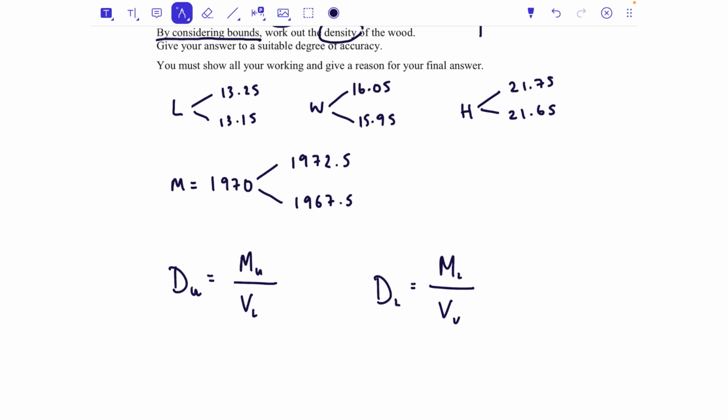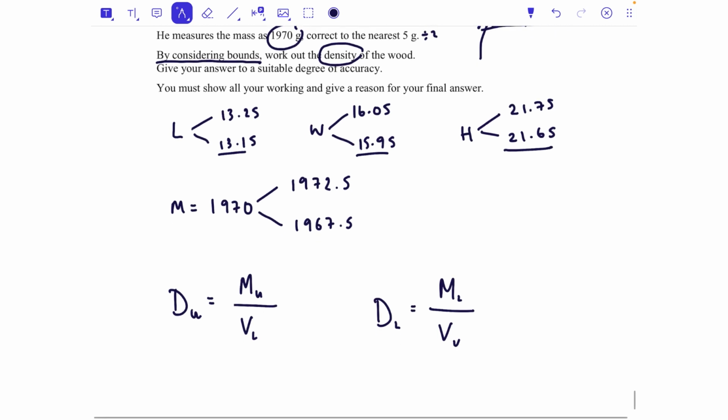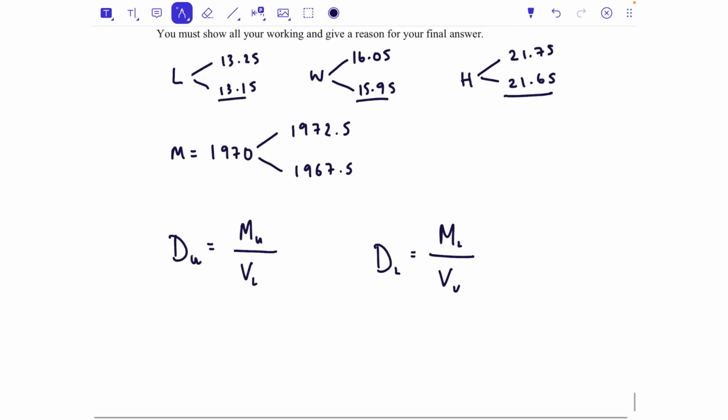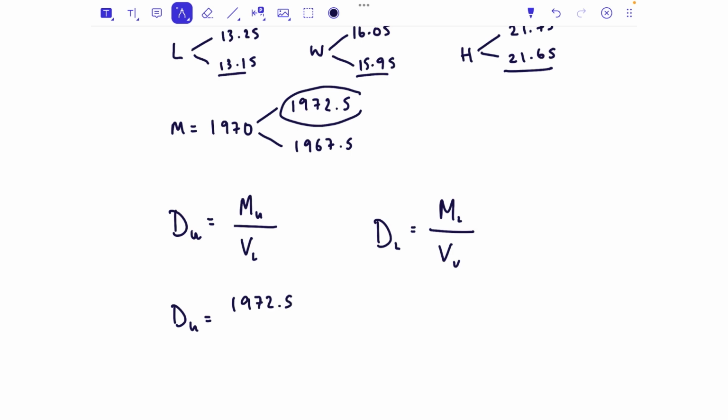Okay, so let's get the absolute smallest volume we can, and that's going to be the smallest length, the smallest width, and the smallest height. So let's go for that over here. The density upper is the biggest mass, which is this one here, 1,972.5, divided by the smallest volume, which is 13.15 times 15.95 times 21.65.